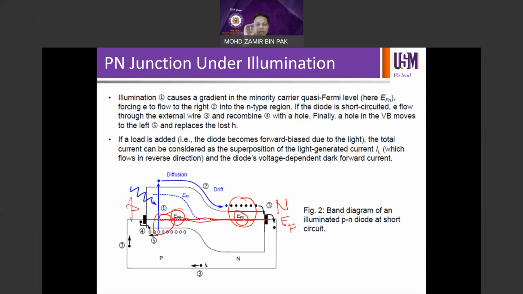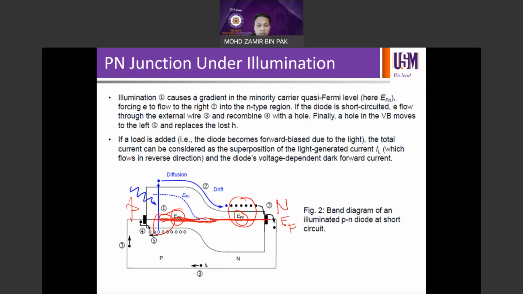When you then illuminate your junction, which is already at thermal equilibrium, you are now creating a gradient in the minority carrier quasi-Fermi level, right? So it used to be like that on the P side.